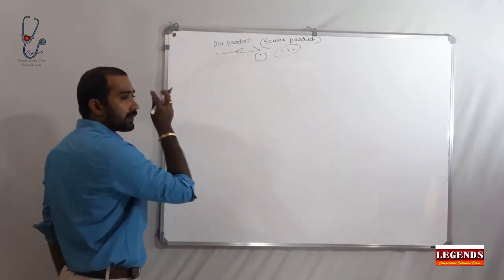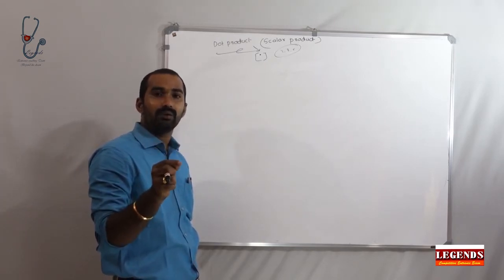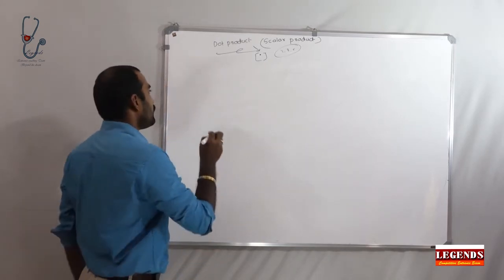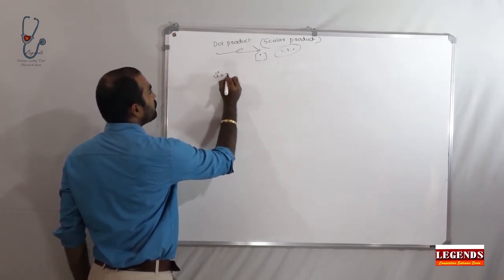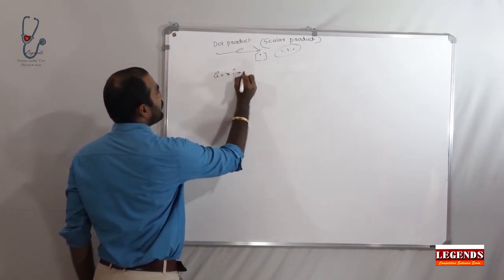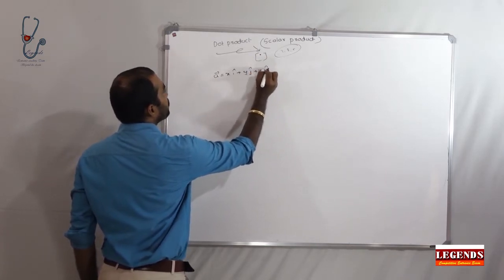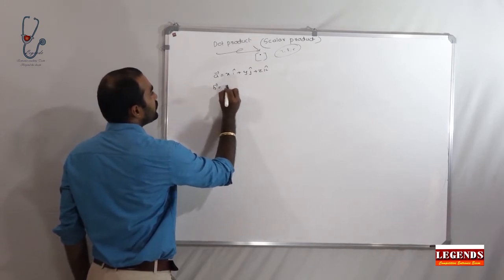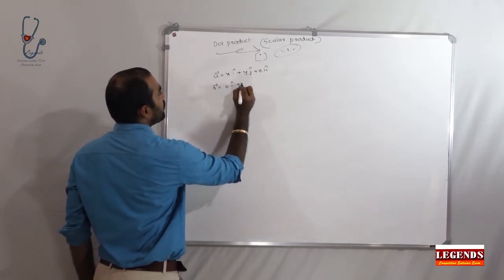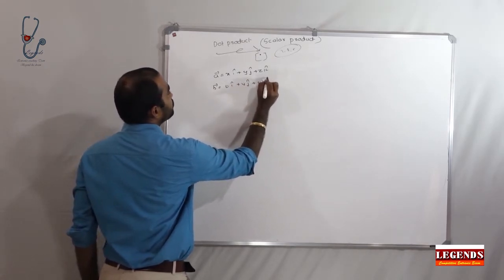First of all, I will explain the general representation to find the dot product of two vectors. For example, a = xi + yj + zk, and b = ui + vj + wk.